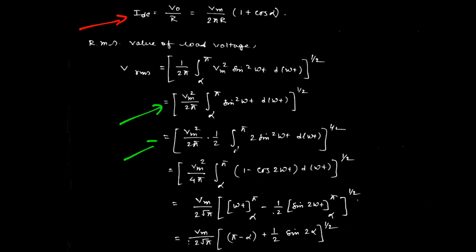Then we can modify the expression to Vm by 2 pi into 1 by 2 integration of alpha to pi 2 sin square omega t d omega t, under root.